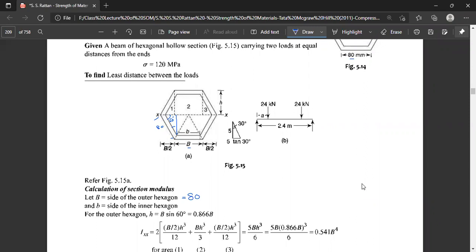And you have to add the moment of inertia of the rectangle, that is b h cube by 3 into 2, which is b h cube by 6 multiplied by 2, going to be b h cube by 3.